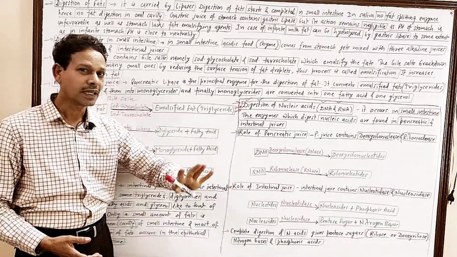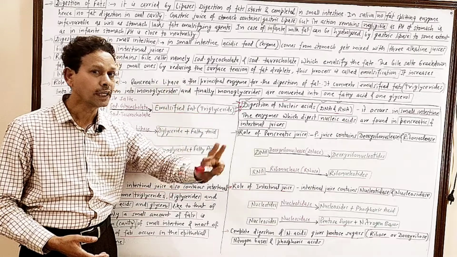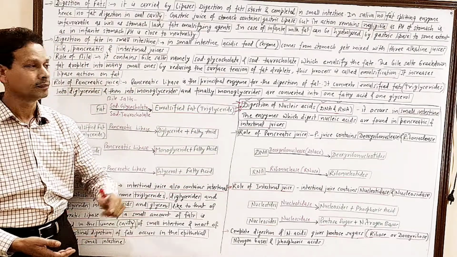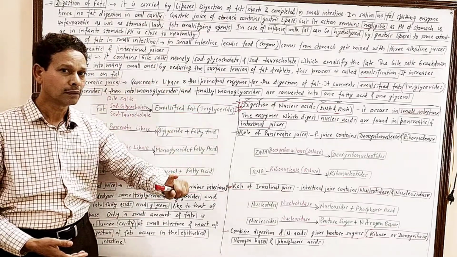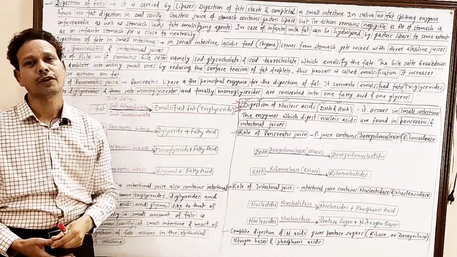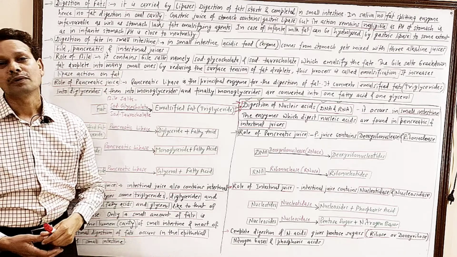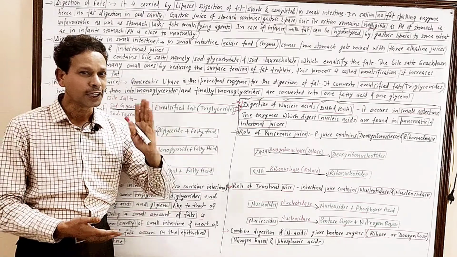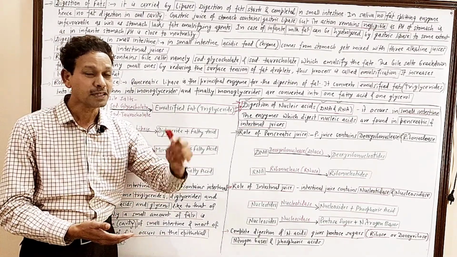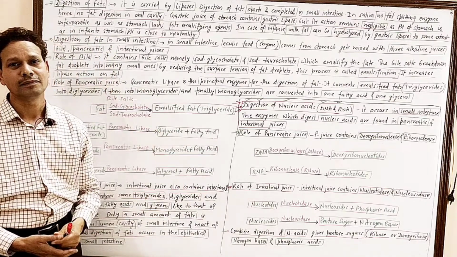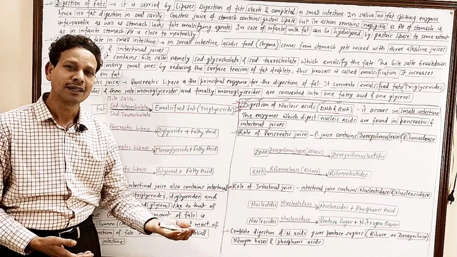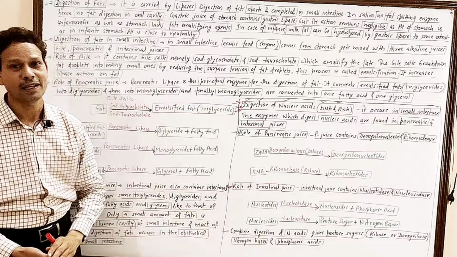Dear students, in our small intestine, three types of juice are present. The role of bile is in emulsification of fat, then the role of pancreatic juice, and that pancreatic juice contains the main principal enzyme for the digestion of fat, that is pancreatic lipase.